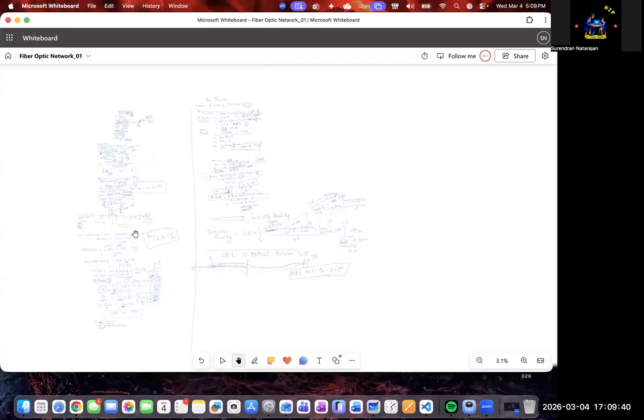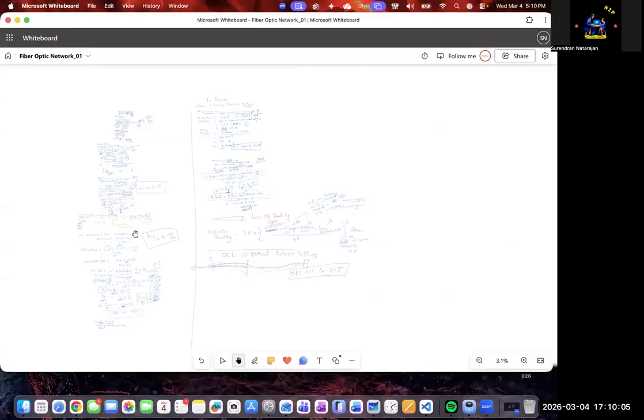So this is transmission power plus receive power, which we will also calculate. What is the transmit power required for the distance? That is also what we are calculating. For a fiber optic link, or a span, we can say. A link is between city A and city B, end to end.